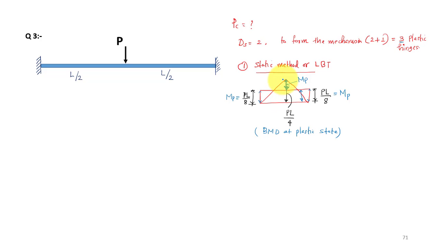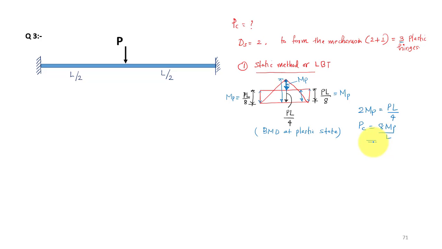So 2Mp is equal to PL by 4, and from here I can find the corresponding collapse load: Pc is equal to 4 into 2, 8 Mp by L. This is my collapse load.